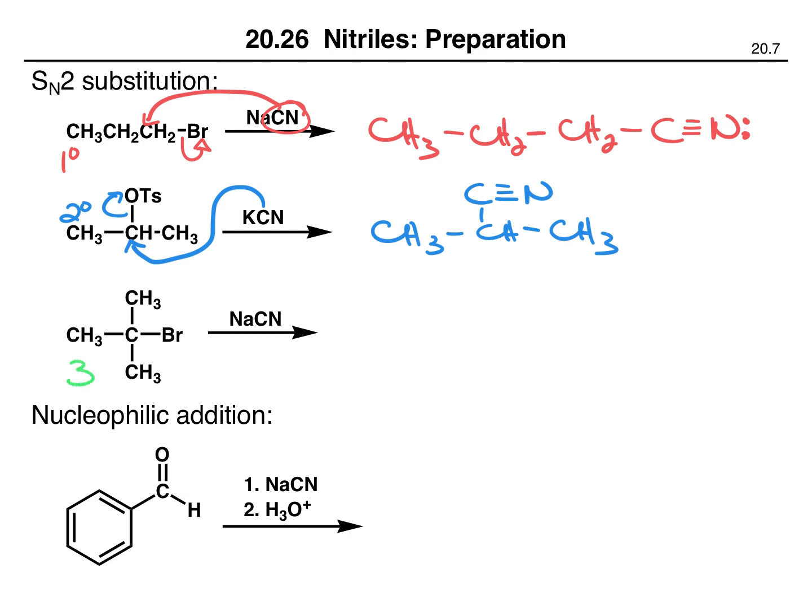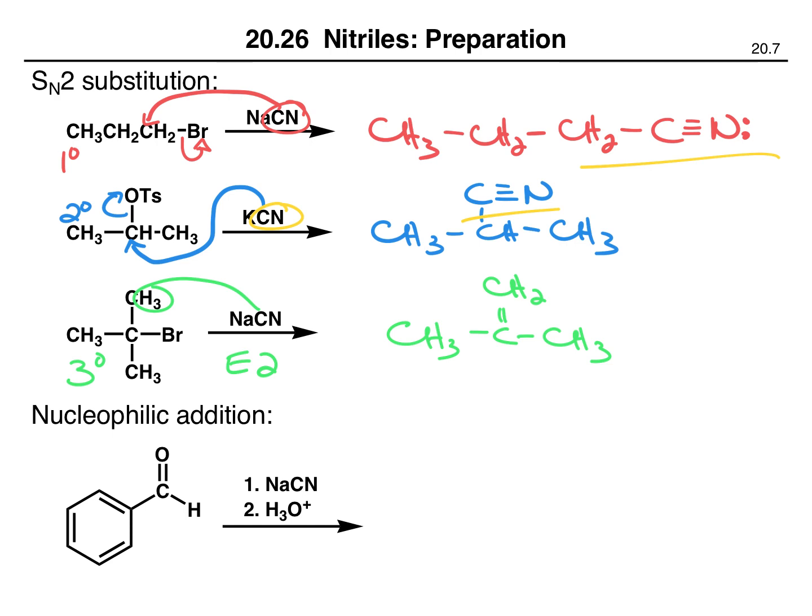But if we have a tertiary alkyl halide, then instead of doing substitution, this is going to do E2 elimination, giving us an alkene instead of a nitrile. So methyl, primary, or secondary alkyl halides or alkyl tosylates can undergo SN2 substitution with cyanide in order to give a methyl, primary, or secondary nitrile.